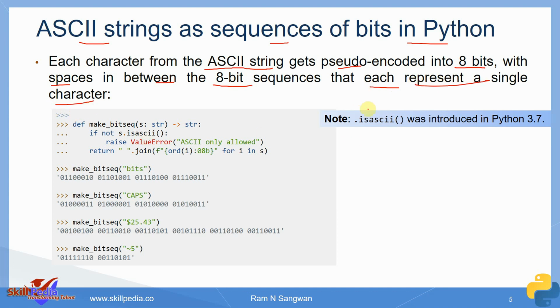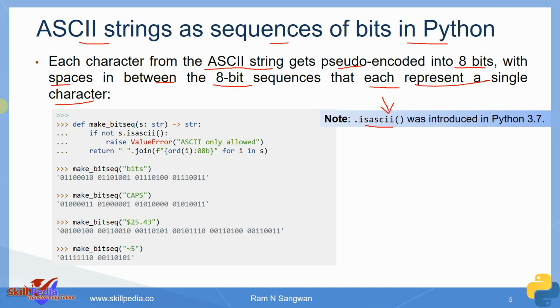This is a function introduced in Python 3.7. I don't have it right now because I am using Python 3.6. But if you use Python 3.7, I verified that isascii will give you the corresponding equivalent of any character, any digit, anything in a binary format.